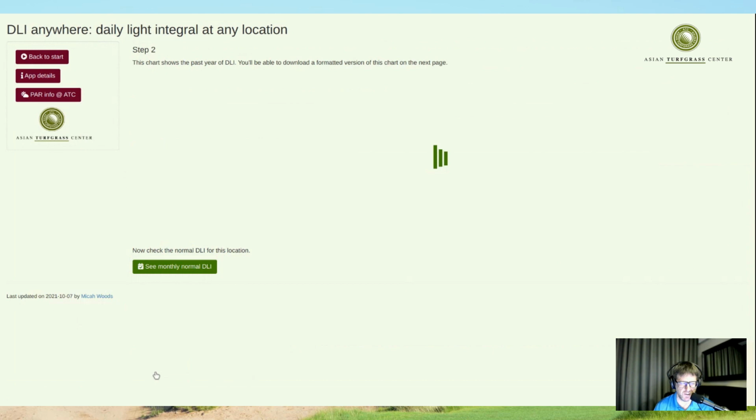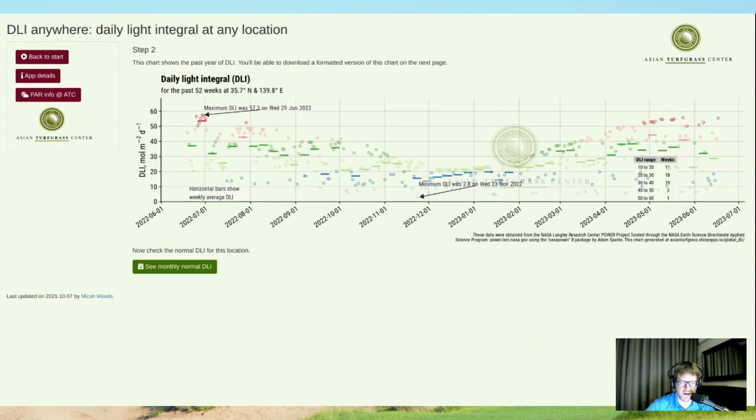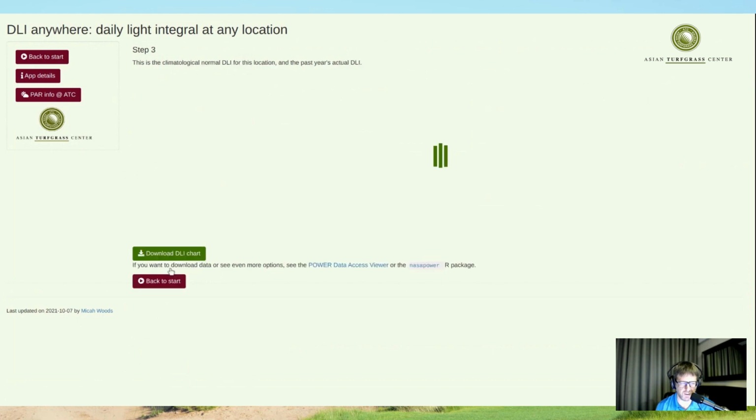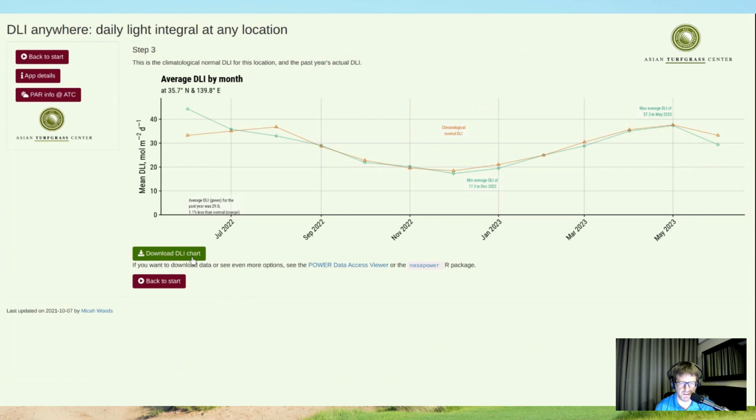You click on Get DLI Data, and that will get the past year of data. Then if you continue through this, you can click on what the normal monthly DLI is, so it's getting the normal data, and then it allows you to download the DLI chart. That one I will download, and then maybe I will show that. Let's see.